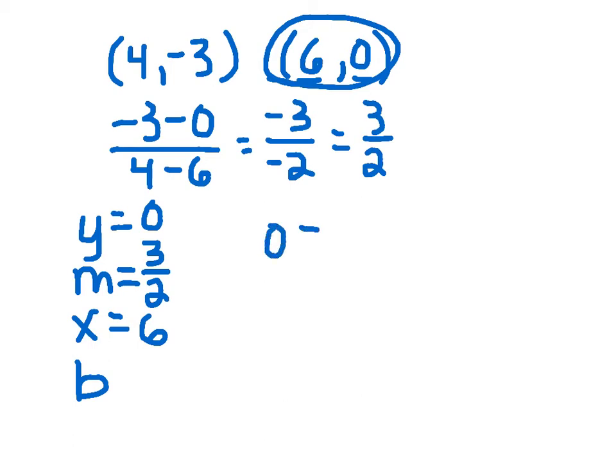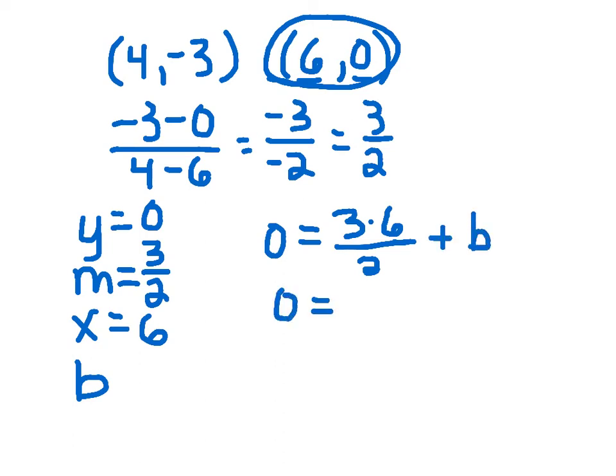So 0 is equal to, and this is the way I would want you to plug this in, 3 over 2 times 6. The 3 times 6 is what would happen if I were multiplying 3 over 2 times 6 over 1. So if it's a fraction, just keep the numbers on the top and the numbers on the bottom.